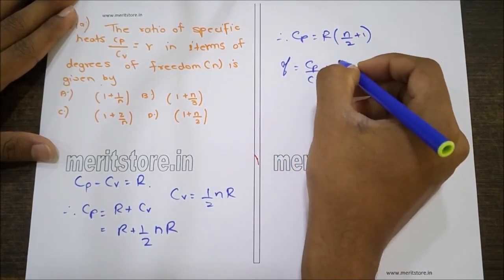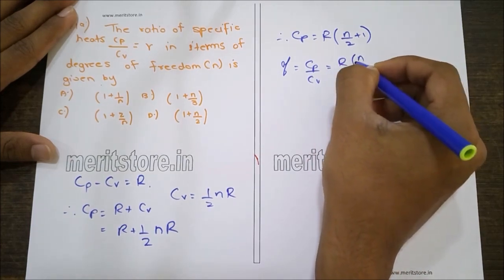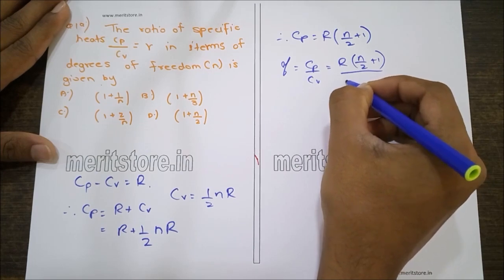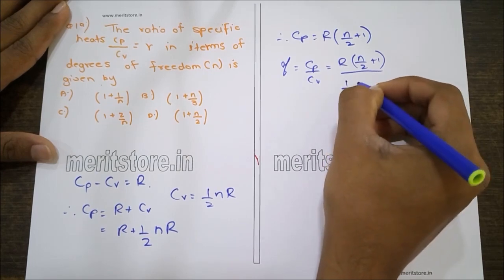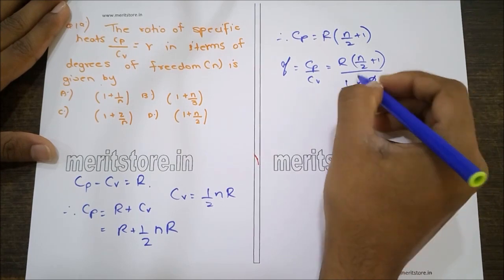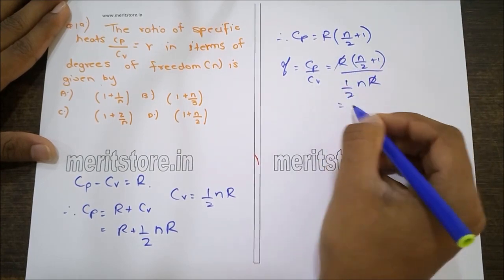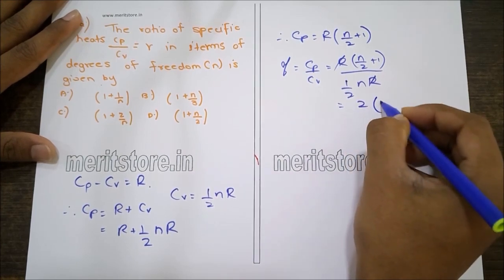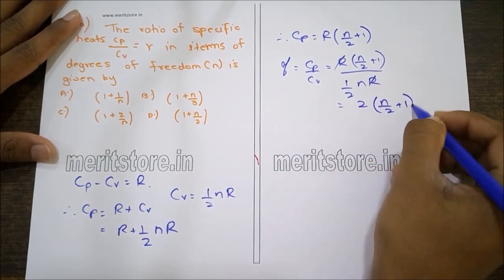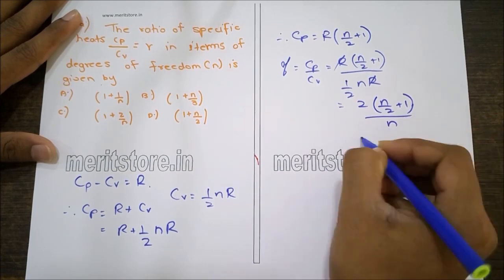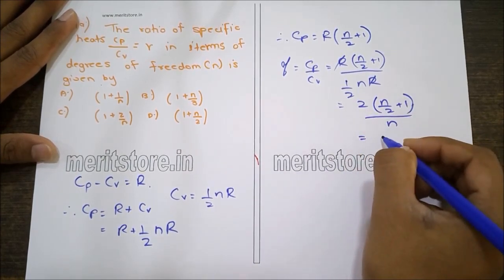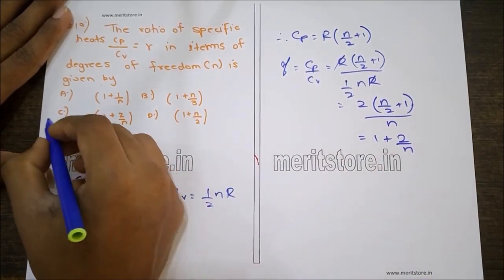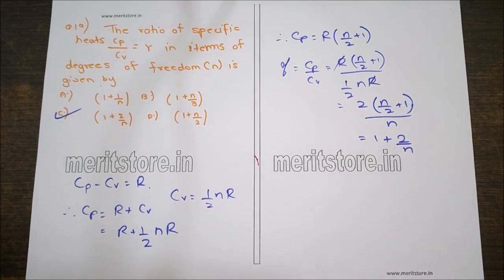So instead of Cp, we can write R times N by 2 plus 1, upon Cv, which is half of N times R. So R gets cancelled. What we are left with is 2 times N by 2 plus 1 upon N. This can be simplified as 1 plus 2 by N. Hence option C is the correct answer.